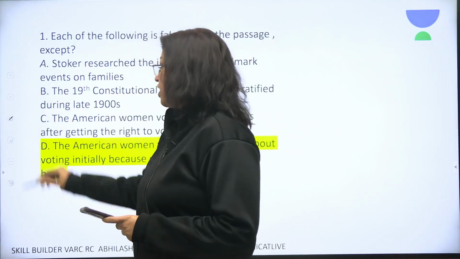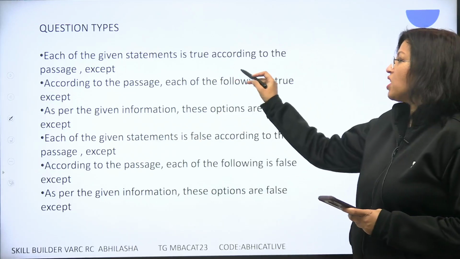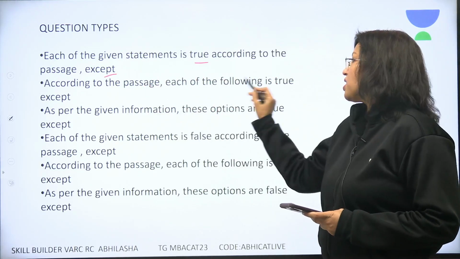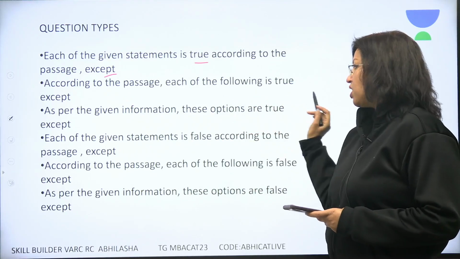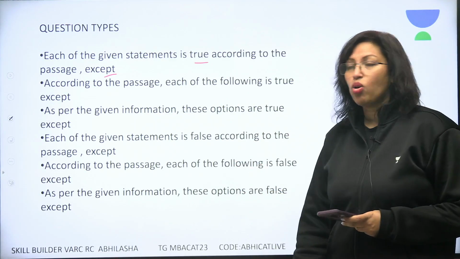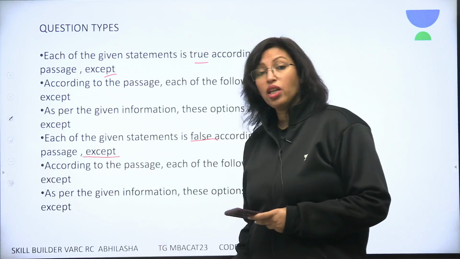Now the question types here could be of any of these types. So each of the given statements is true according to the passage except. According to the passage, each of the following is true except. As per the given information, these options are true except any of these. Or it could be false except also. So each of the given statements is false except. Remember to read the question fully.